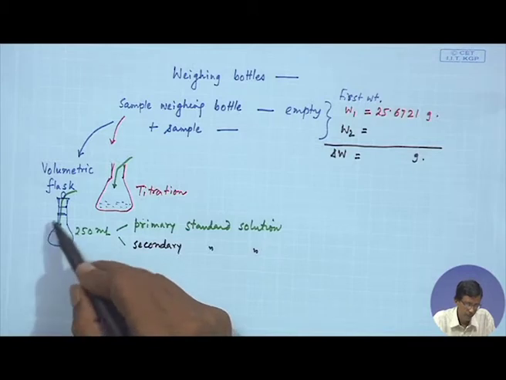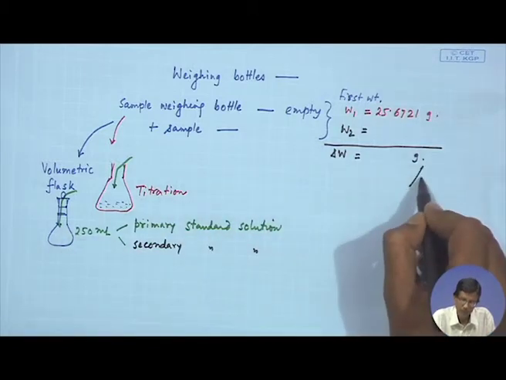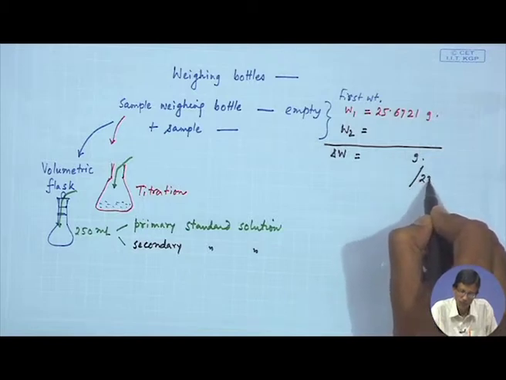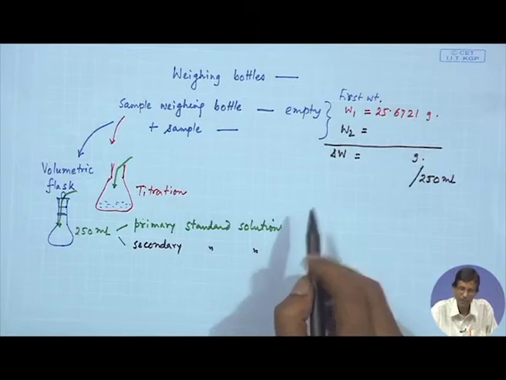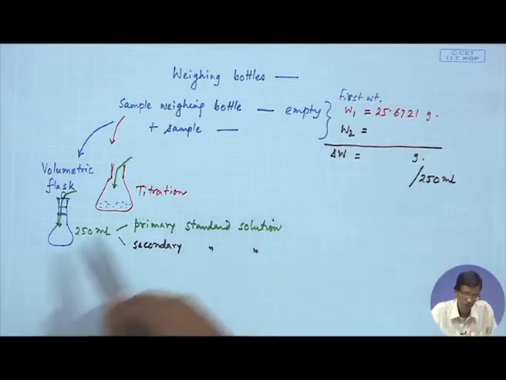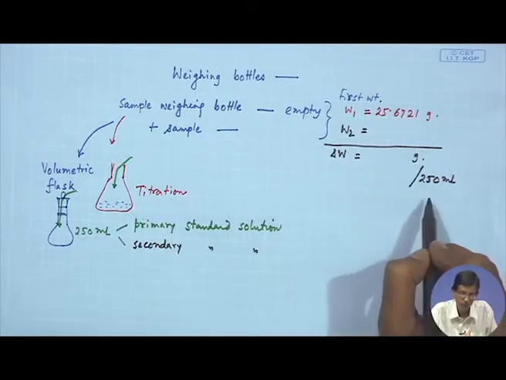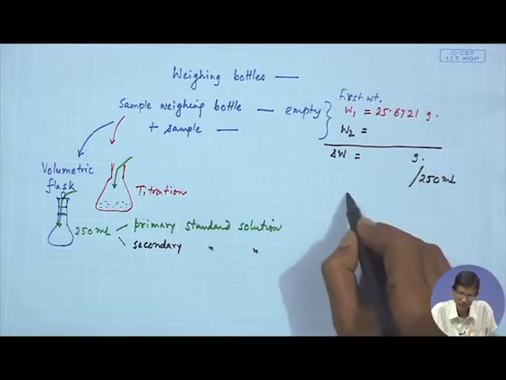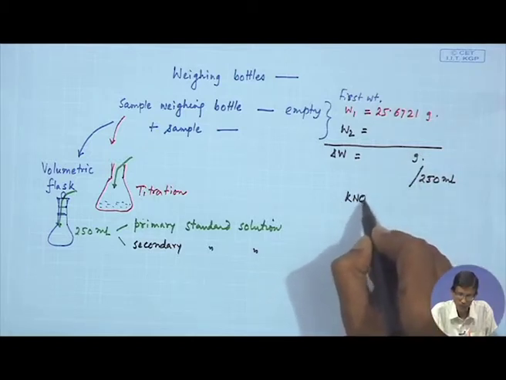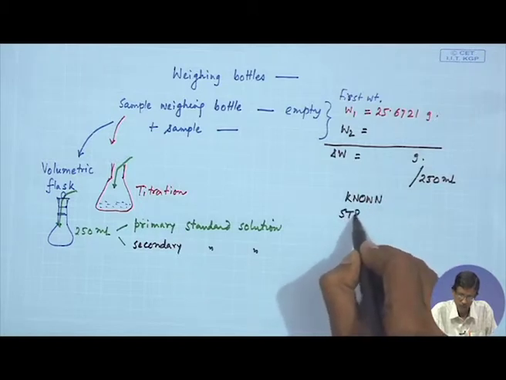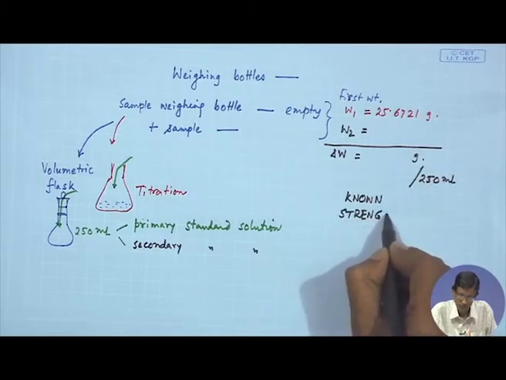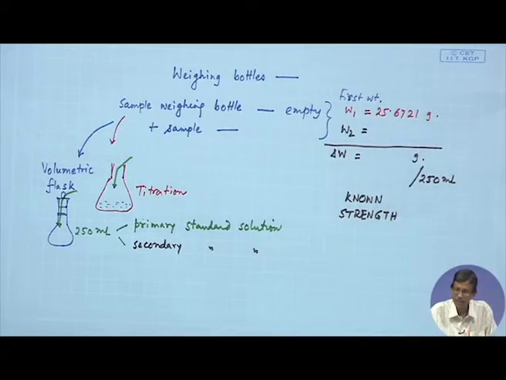Then when we make the volume up to 250 milliliter, we can say that this much amount of solute or analyte has been transferred to these containers to make a solution of known strength.